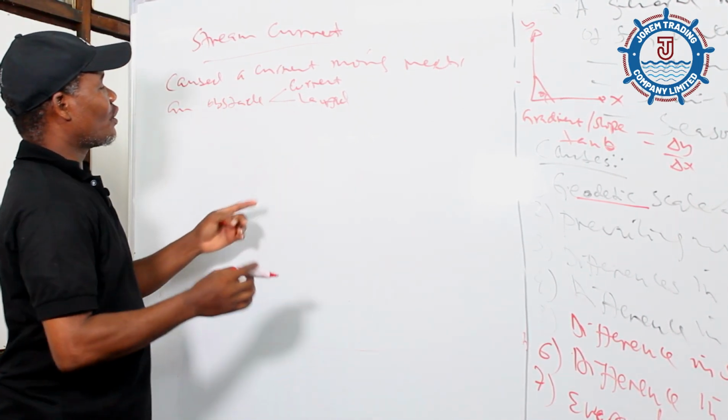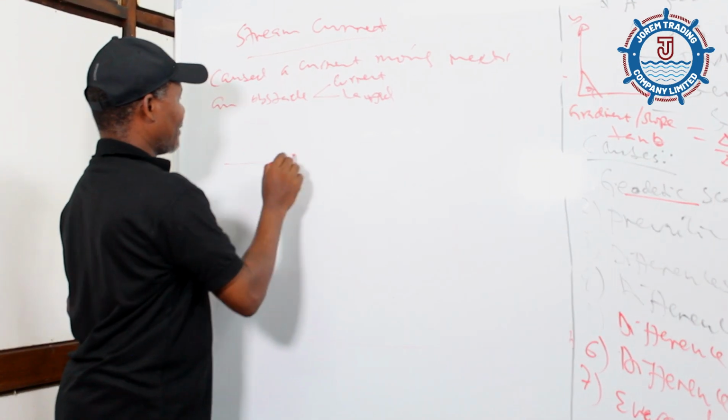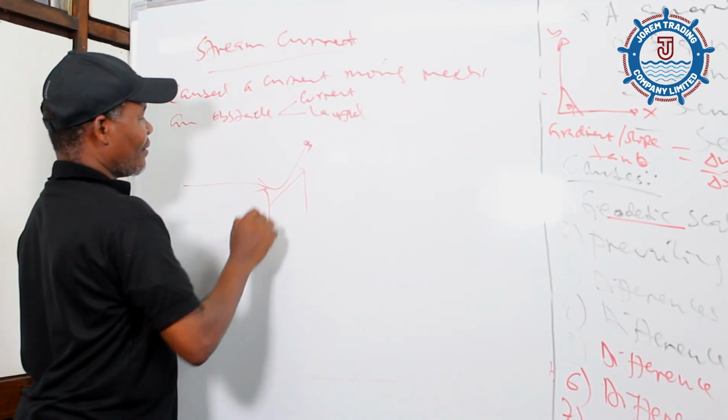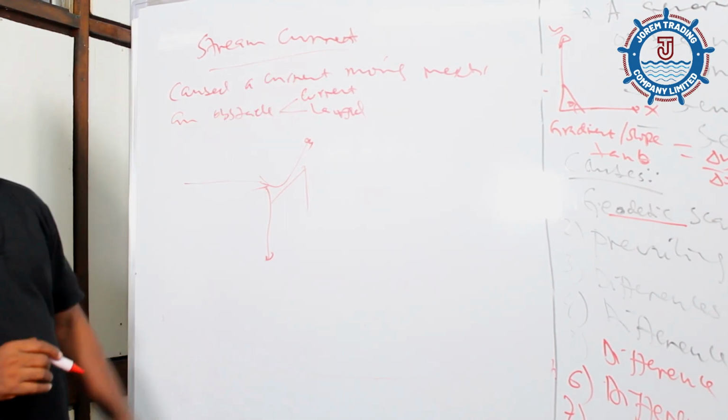So this obstruction causes it to change its direction. For example, this is the current coming in that direction, meeting something here. So it changes direction, down that side or this side. After changing the direction, it creates a stream current.